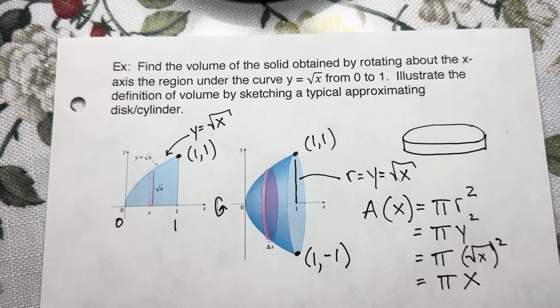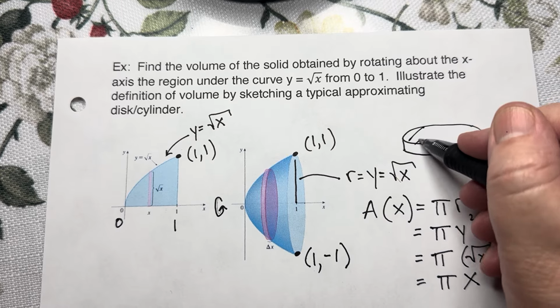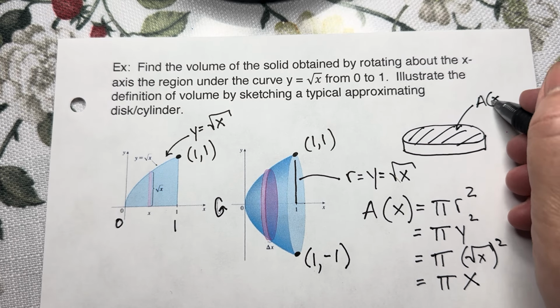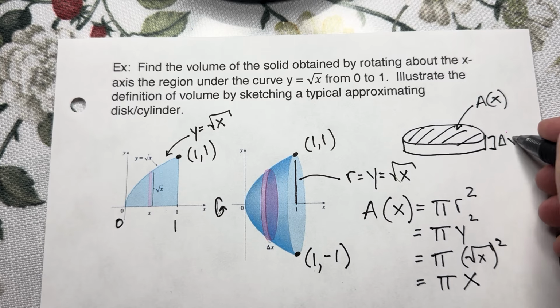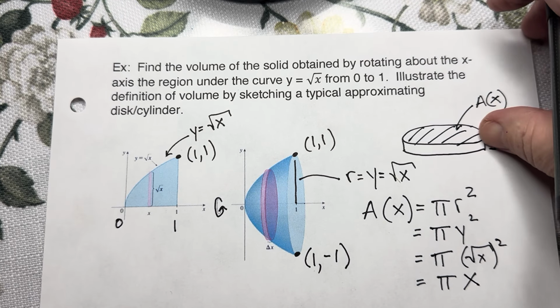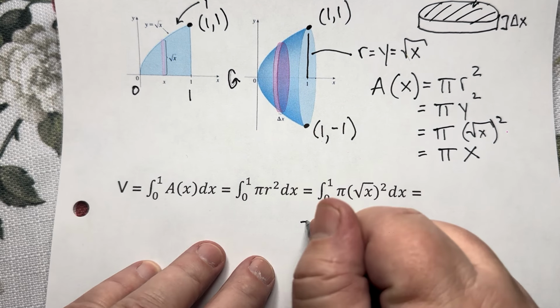It's just pi times x, which is really cool. And so that's just the top, right? That's the area. What we're going to have to do is then stick in that width, which here is delta x, but by the time we get it into integral form, we'll call it dx.